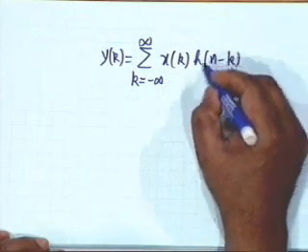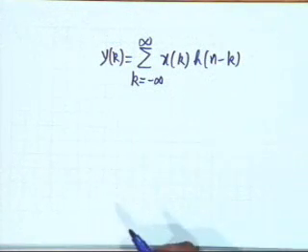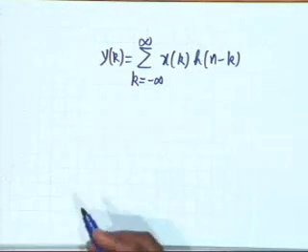This is the convolution summation, and it shows clearly that if you know the response of the system to delta n, then you know the response of the system to any arbitrary input.